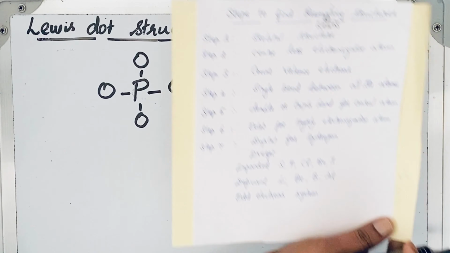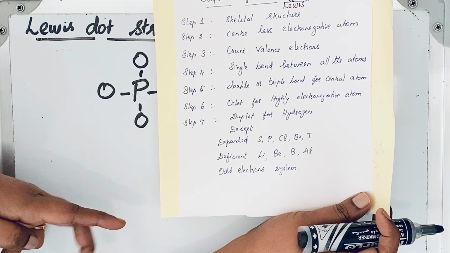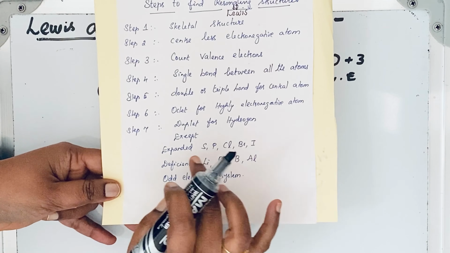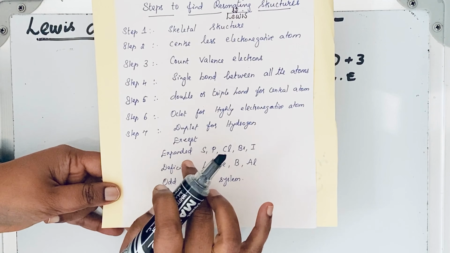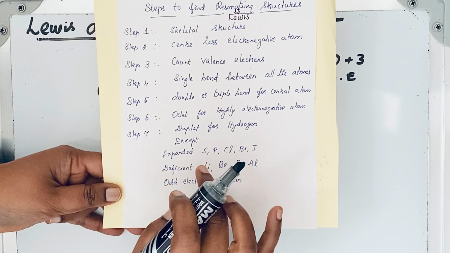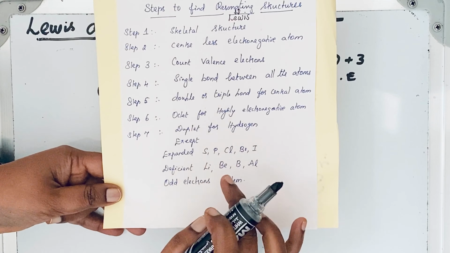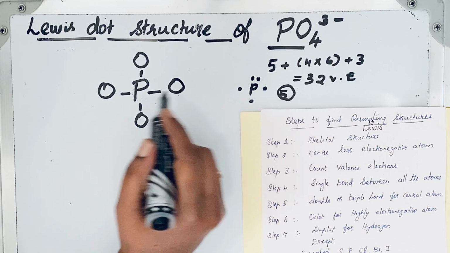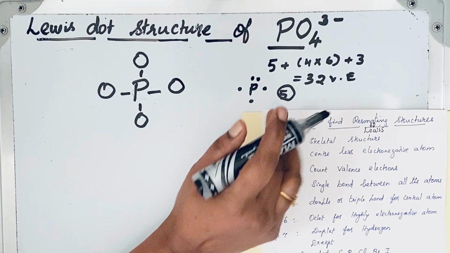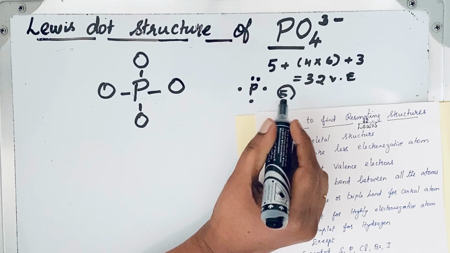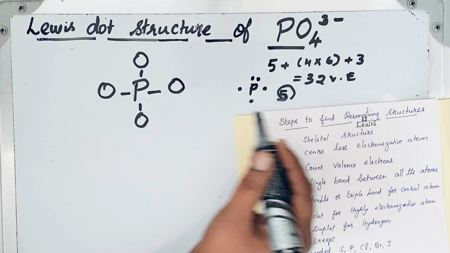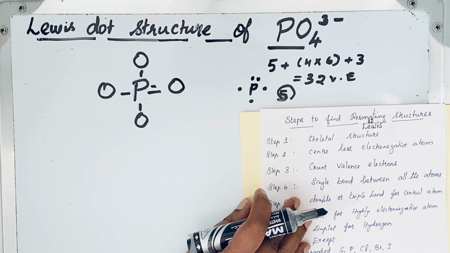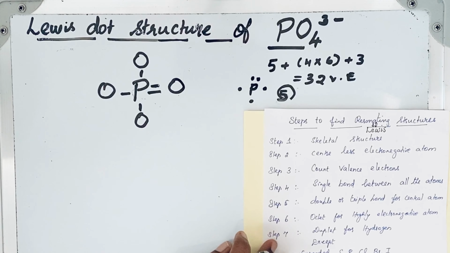There are some exceptional cases: expanded octets for sulfur, phosphorus, chlorine, bromine, iodine, which means they can make more than 8 electrons. They do not follow the octet configuration. So we can now draw 5 covalent bonds. Already 4 bonds are here, so we make one more bond. One more bond is over.